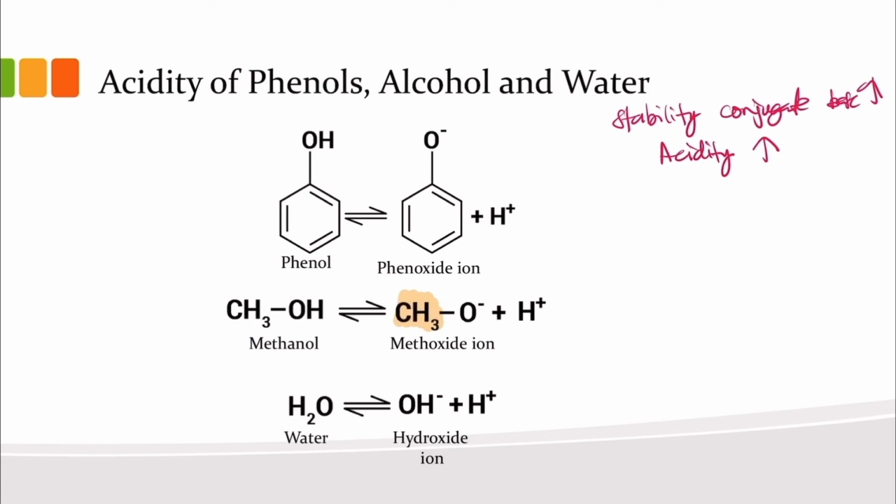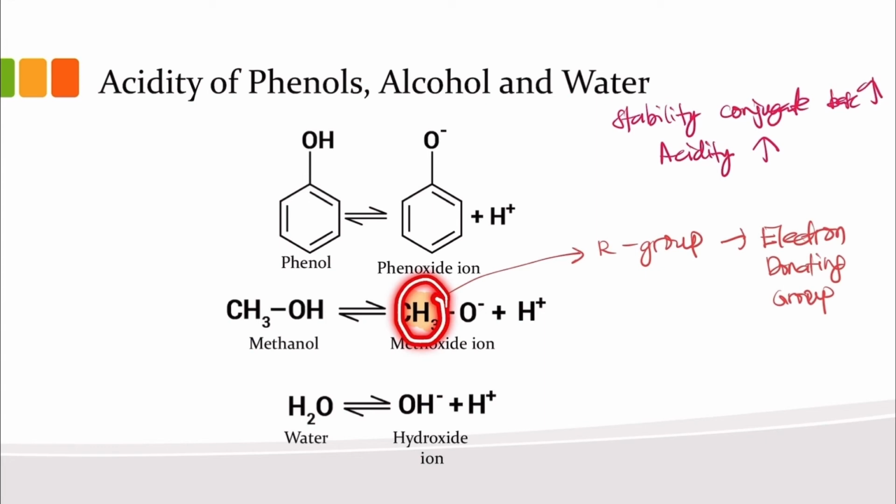We know that the R group, the methyl group, is an electron donating group. The electron donating group will push the electron density towards O, and the O already has a negative charge. Then the methyl gives even more negative charge.